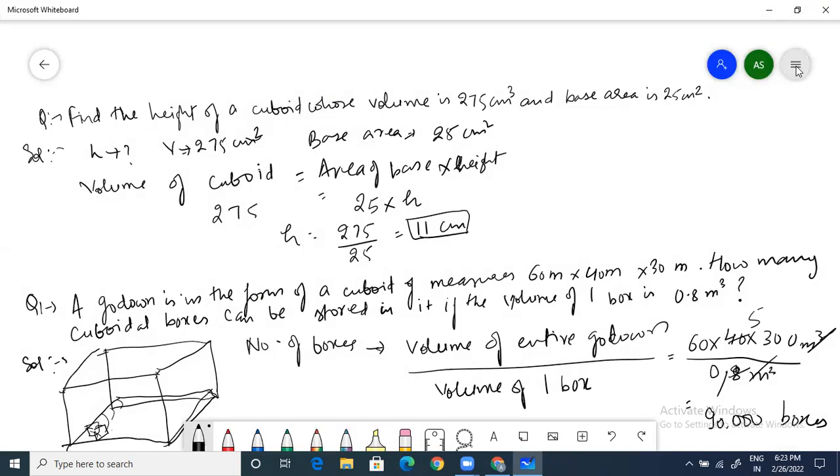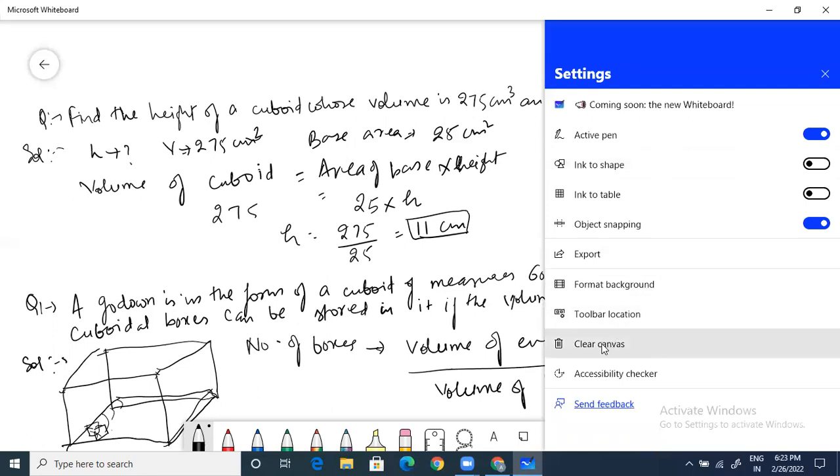Let me write in the question, let me clear the canvas. So the last question of this series is going to be an easy one, because in the case of cylinder, generally they don't go so difficult.